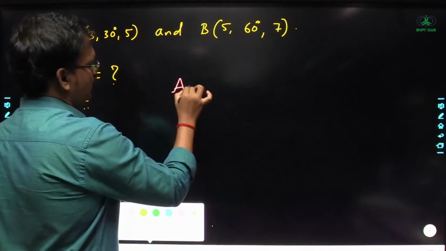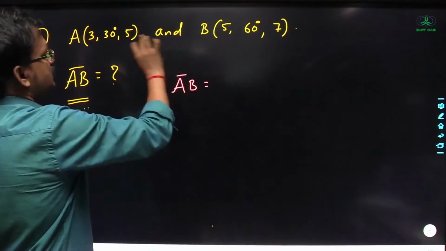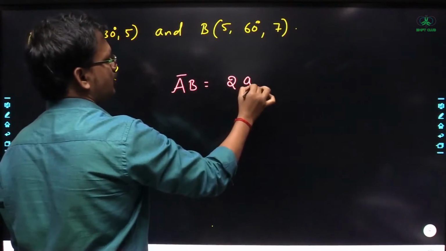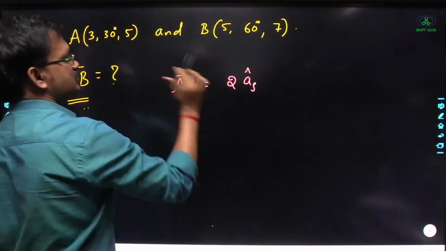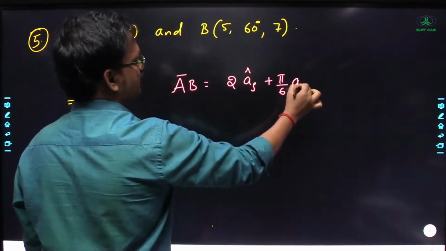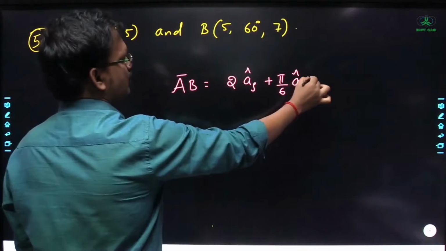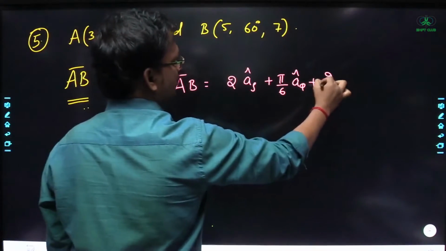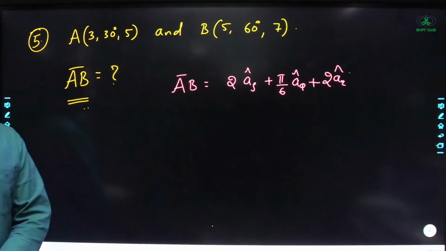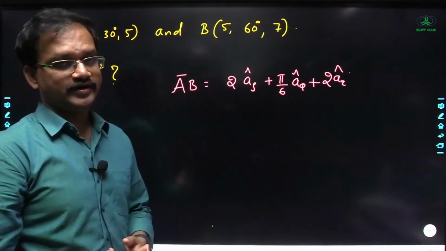As you move from point A to point B, 5 minus 3, that is 2 a_rho cap, and 60 minus 30 degrees, that is 30 degrees, pi by 6 in radians, a_phi cap, plus 7 minus 5, 2 a_z cap. Can I represent the vector AB bar in this manner in cylindrical coordinate system?